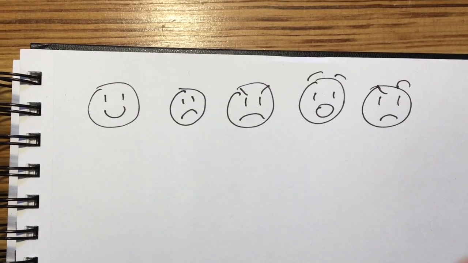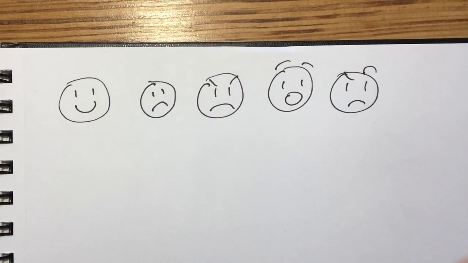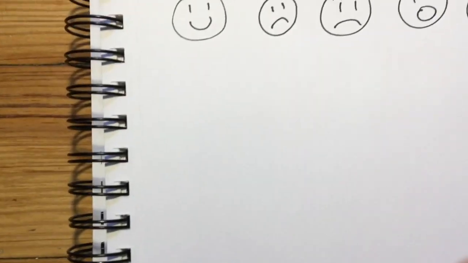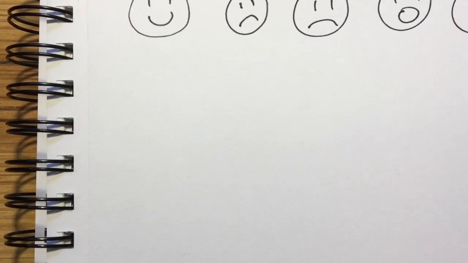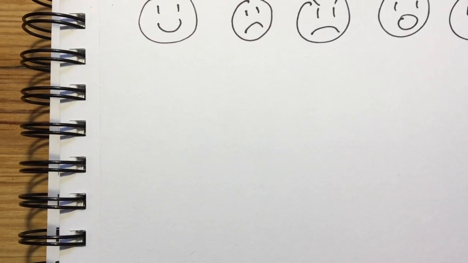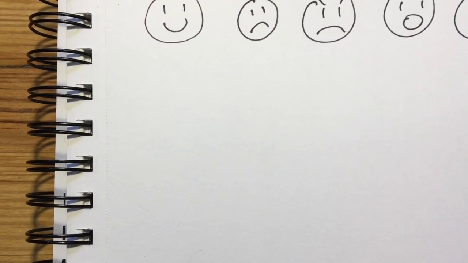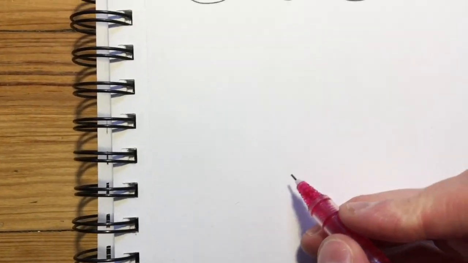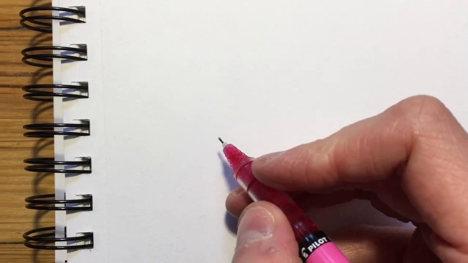Now, if we wanted to draw a more fleshed out character, I'm going to use a different color so you guys can see. One thing that's really helpful when you're drawing a character is drawing different basic shapes first to start building the body and the head of your character, and then drawing the details over the top of it. So we're going to just start with something nice and simple. We'll make a little happy guy right here.